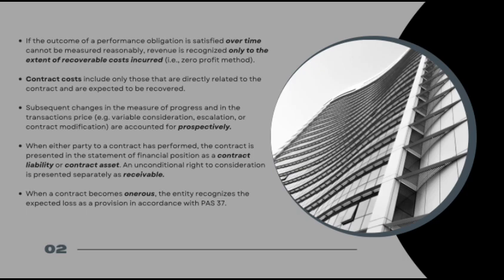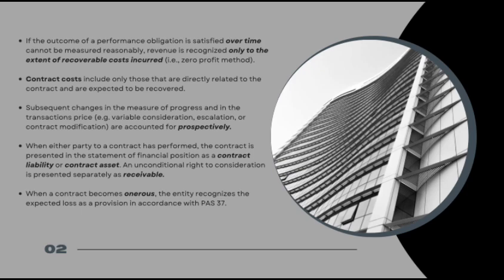Next, contract costs. These are costs directly associated with the contract, for example, materials or labor. Only costs that are expected to be recovered through the contract are included. Changes in the measure of progress and transaction price.